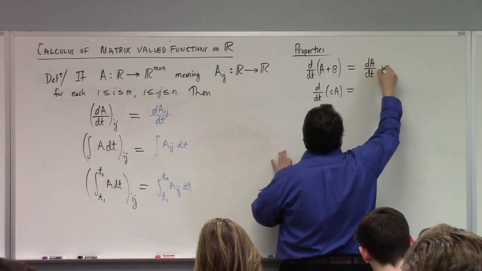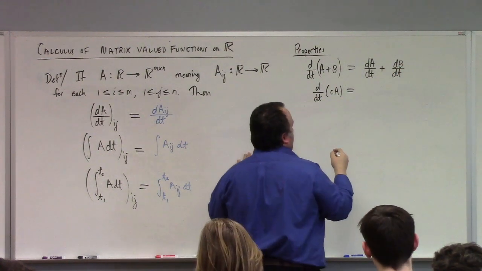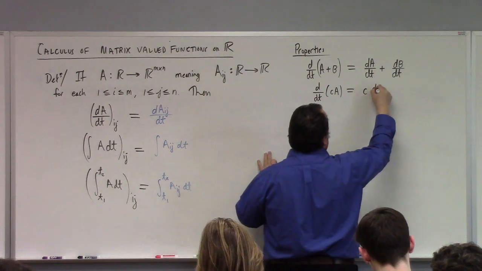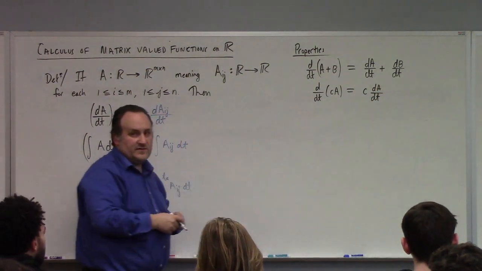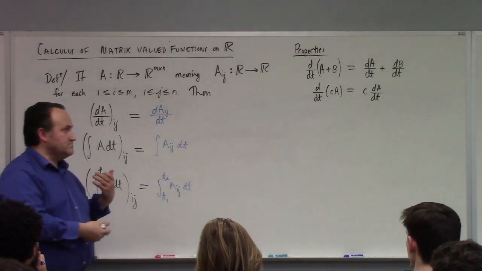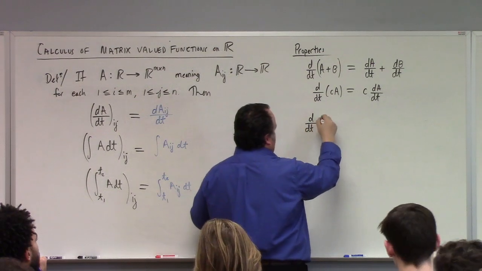Yep. The second one, you can pull the constant out of it. This is true. How about if we can multiply the matrices A and B? What do you think happens here?